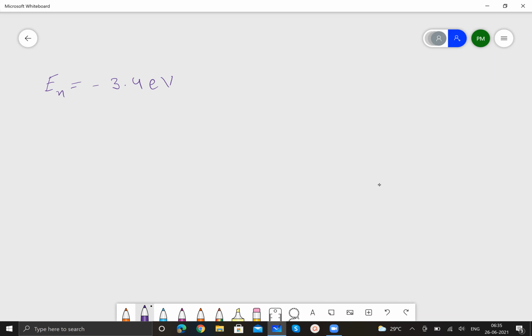First excited state corresponds to n is equal to, correct? Ground state n is equal to 1. First excited state means n is equal to, right? Yes, sir.